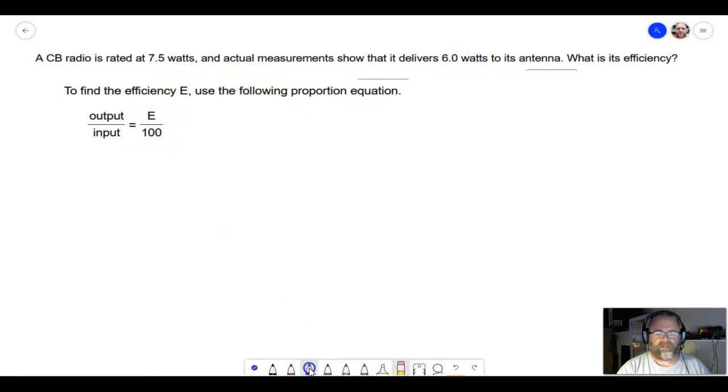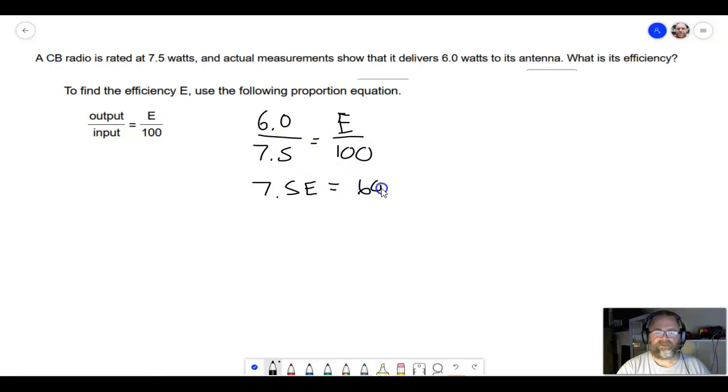So we can go ahead and write this out like this. 6.0 over 7.5 is equal to E over 100. And then we're just solving our proportion problem. So this is going to be 7.5 times E is equal to 6 times 100, which is just 600.